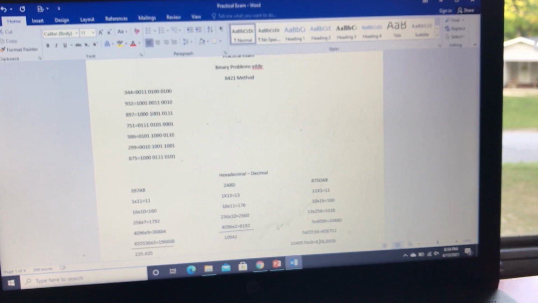Then the next number would be 0100 again. For 932, it would be 1001, 0011, 0010. For 897, it would be 1000, 1001, 0111.